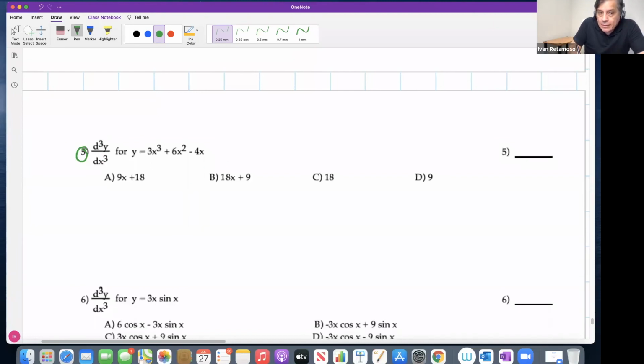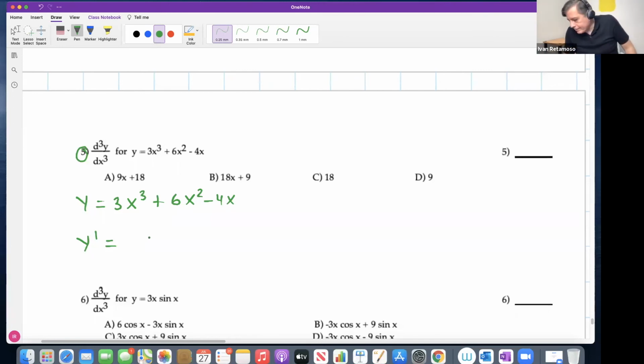Look at this number 3, right? So this is the function. Start by taking the first derivative, then take the derivative of the derivative, the second derivative, and then take the derivative of the second derivative to get the third derivative, right? Yes, go ahead.